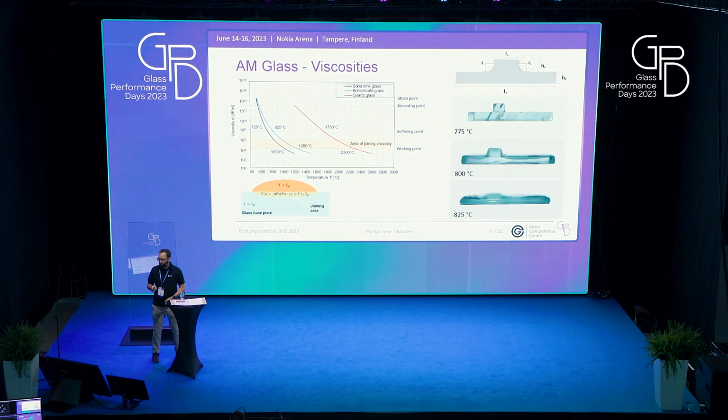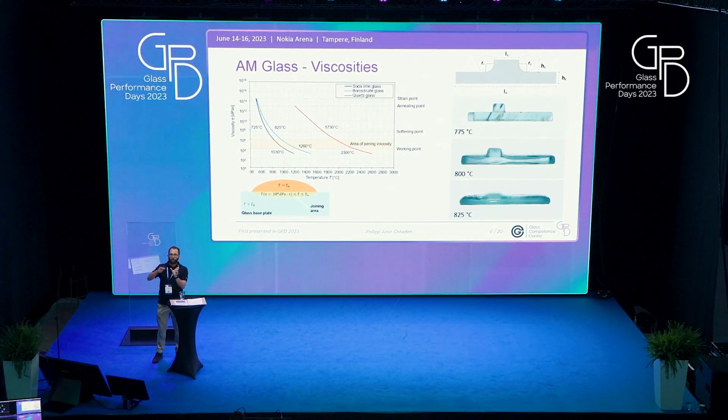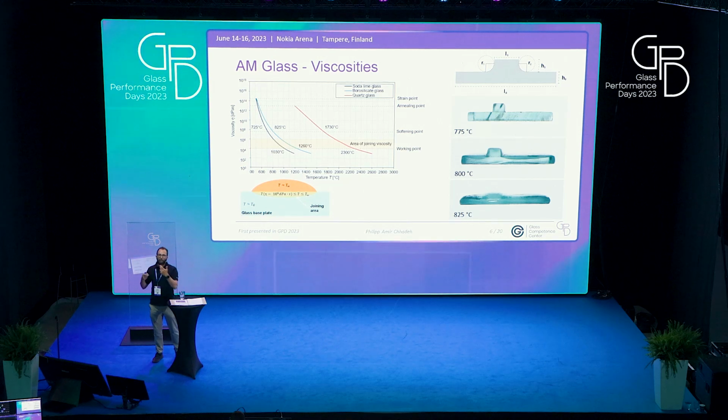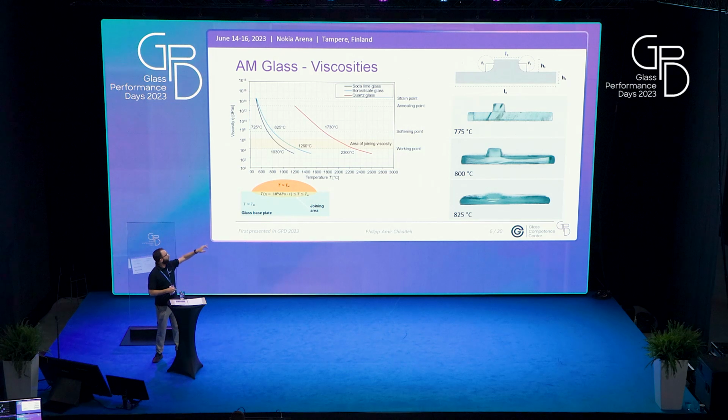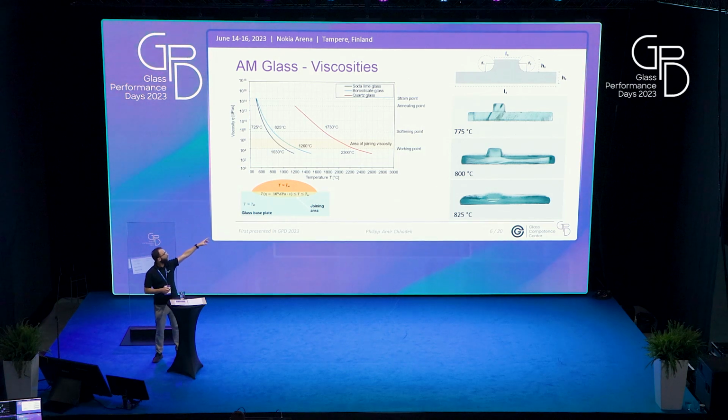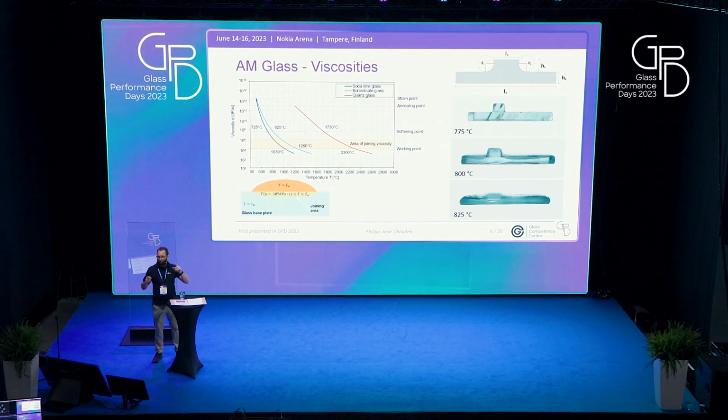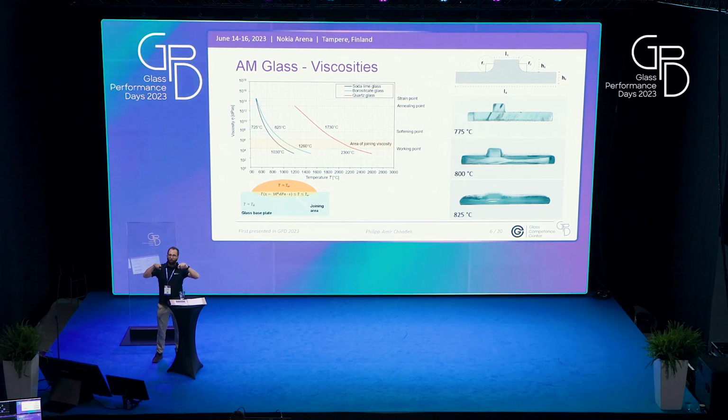We put two glass strips onto each other, put them in an oven and heated them to different temperatures. What we were looking at were the measurements on the top right, so we want to know how the angles behave, how the radii behave, and we did this at different temperatures.